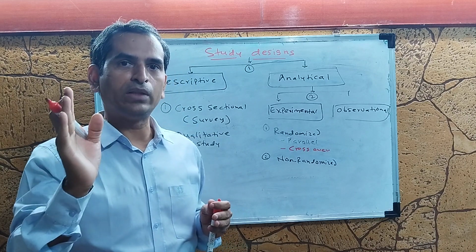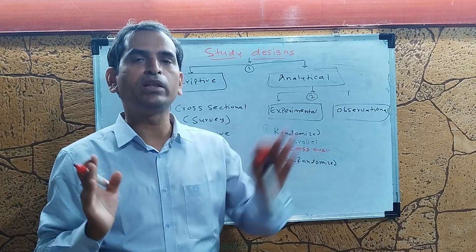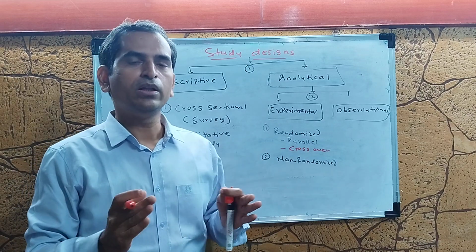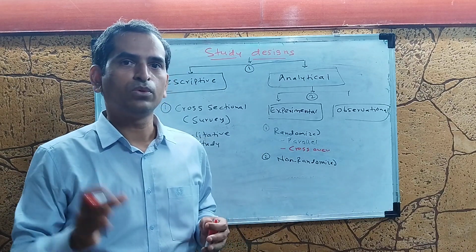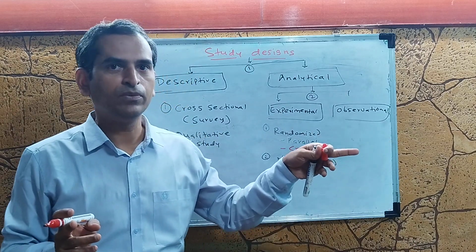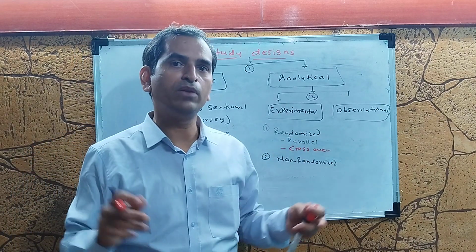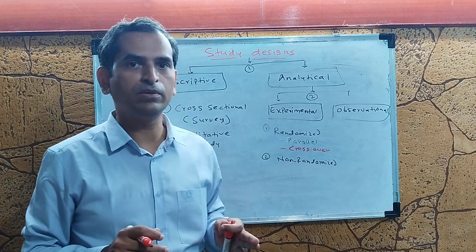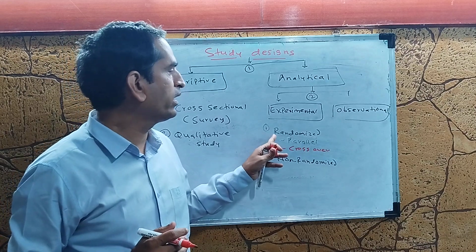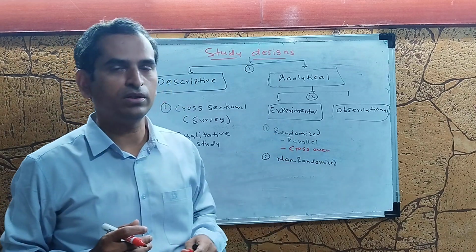Suppose group A is receiving one treatment and group B is receiving another treatment. After a certain time, they will be crossed over. The first group will receive the treatment which the second group received first, and the second group will receive the treatment which the first group received. That means they are crossing over, and that is what is called a randomized crossover trial.